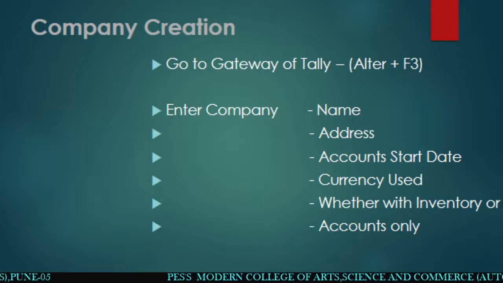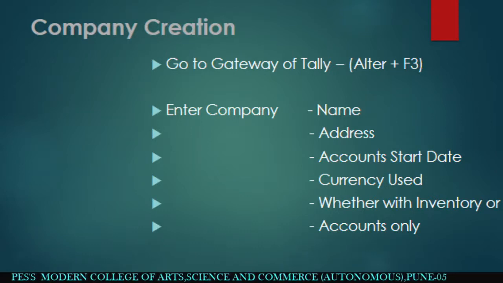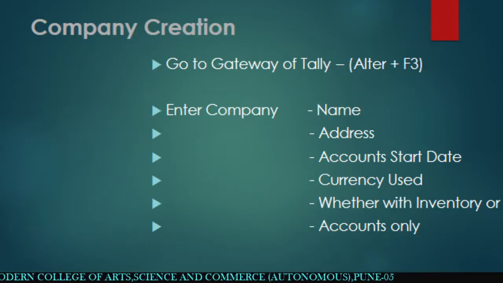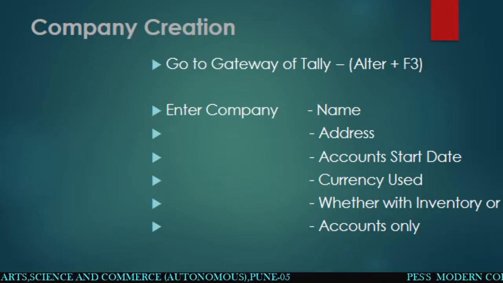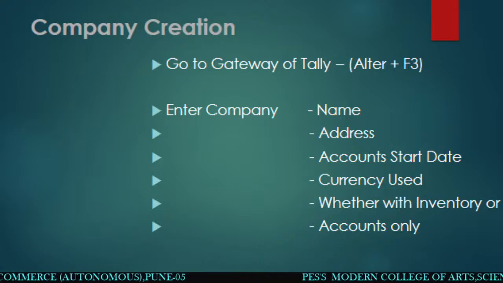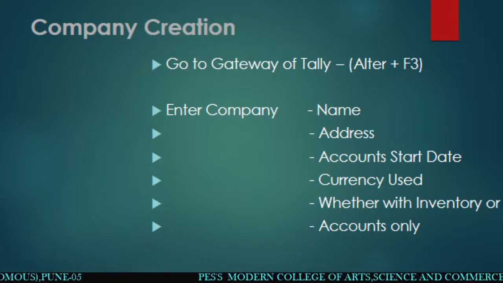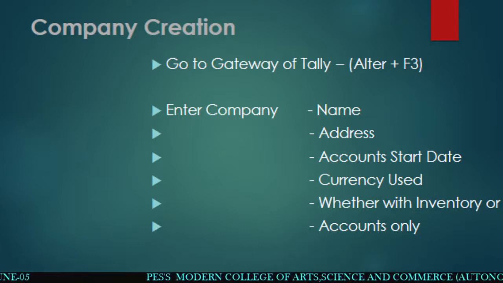There is only a start date, guys. A start date will be there, and from that you have to record data for every year. So you have to give the start date from which year your business has started, from which year you are going to maintain the accounts in Tally, give that date.